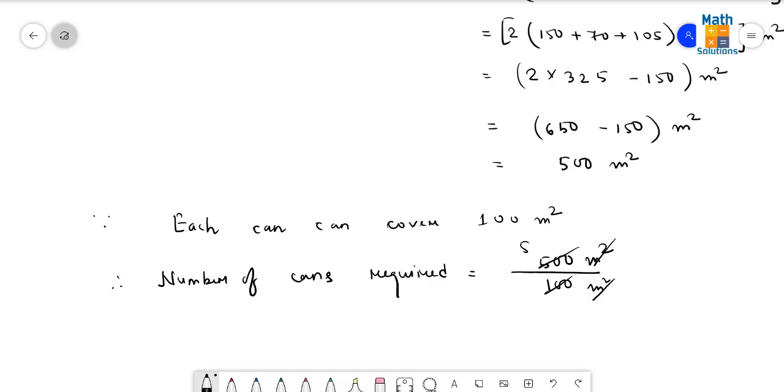So the result will be 5. So there are 5 cans required. So this is the answer.